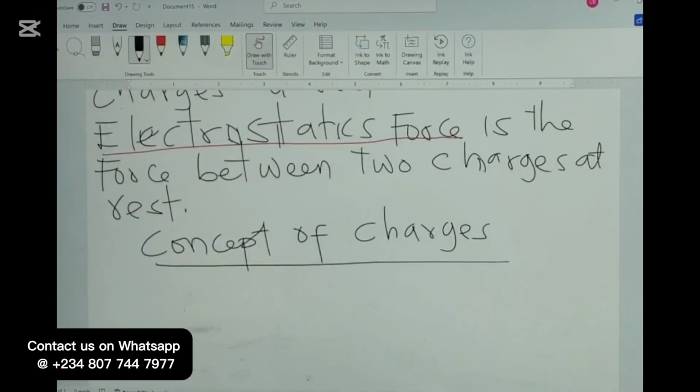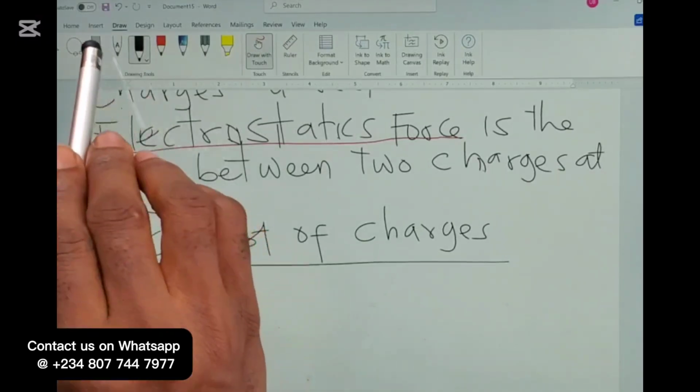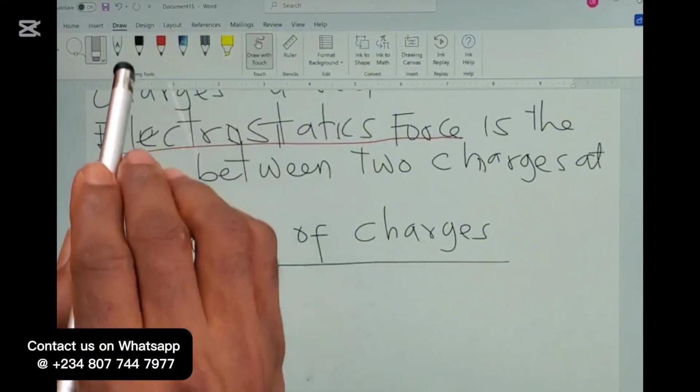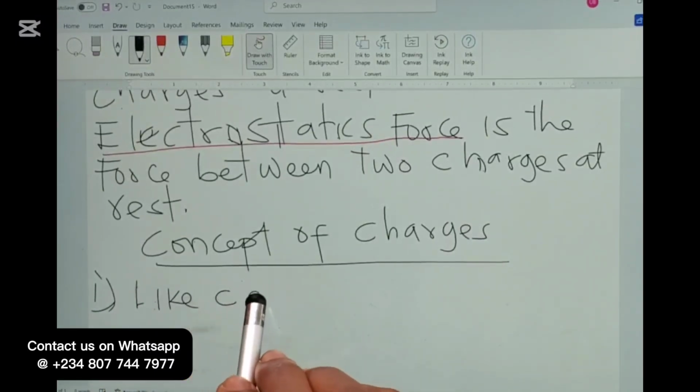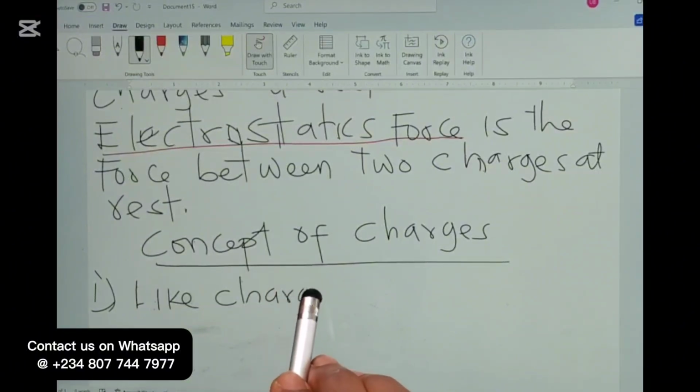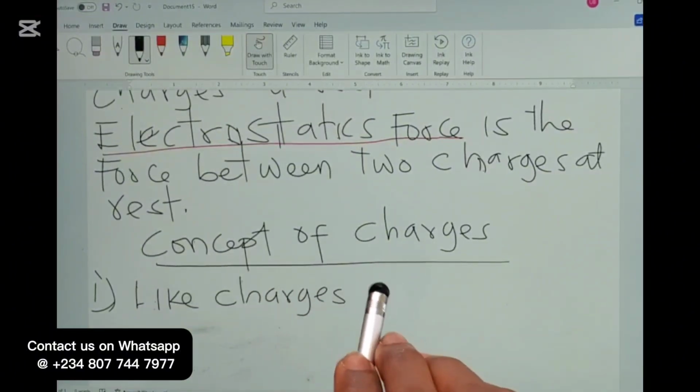Now the first concept of charges, number one: like charges repel.